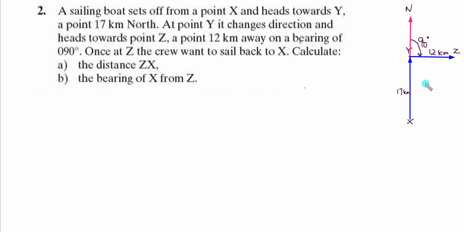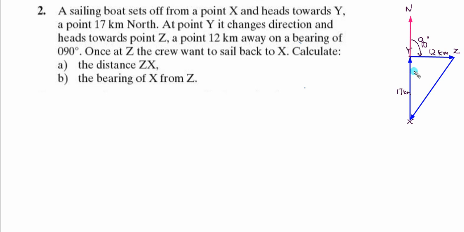Then once at Z, which is this point, the crew wants to sail back to X, that means from Z you go back to X. So that completes the journey. Now, first of all, let's repeat.